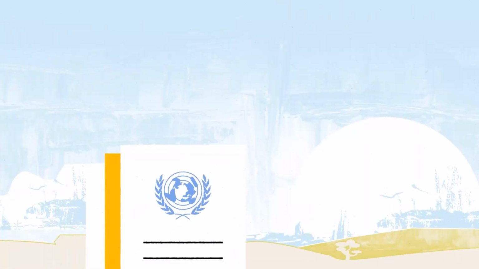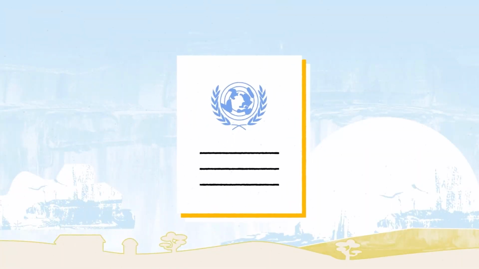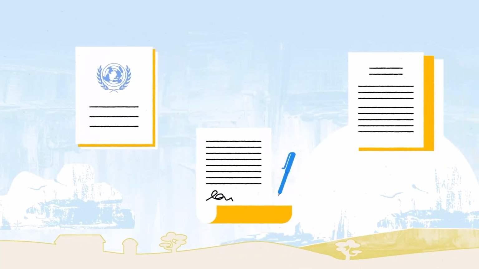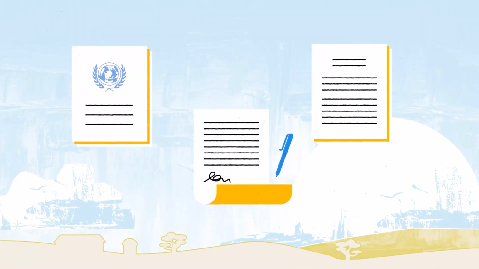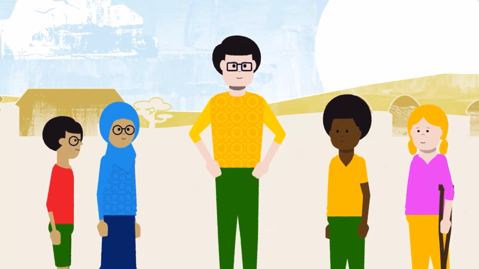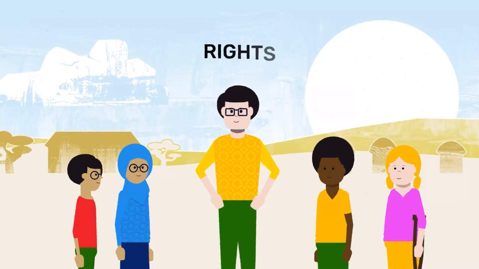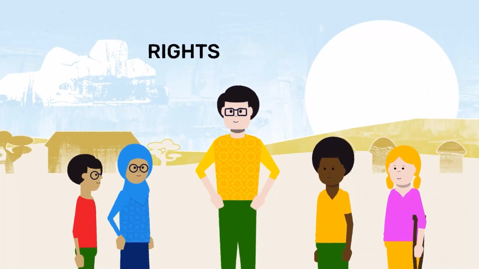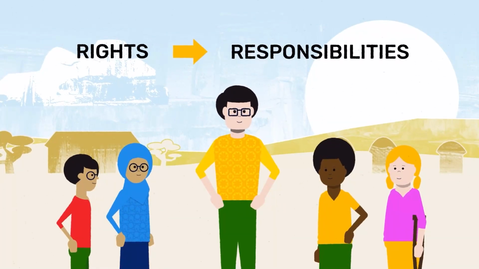The needs can reflect rights in the United Nations Convention on the Rights of the Child or another document in your country. After the game, he can use discussion to introduce the concept of rights and connect rights to responsibilities.